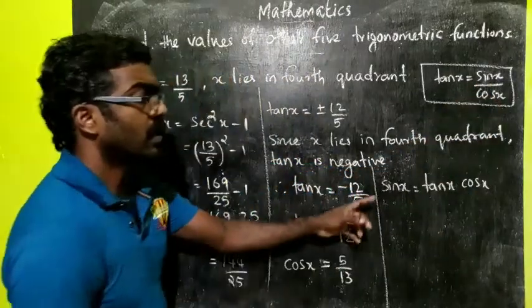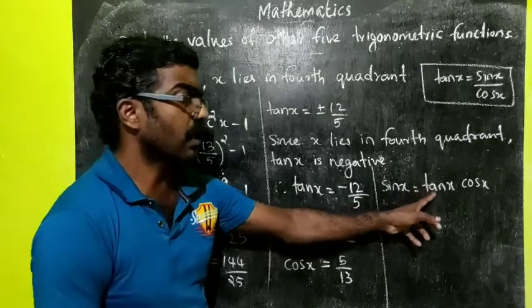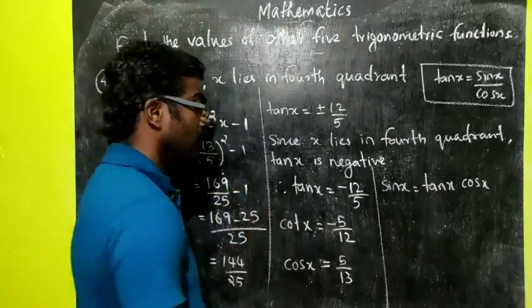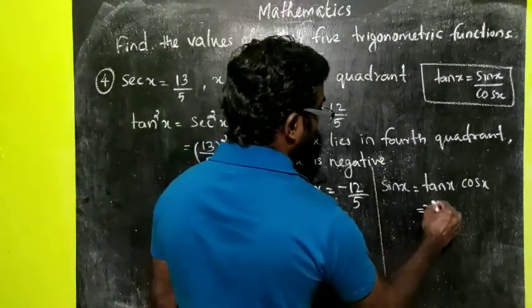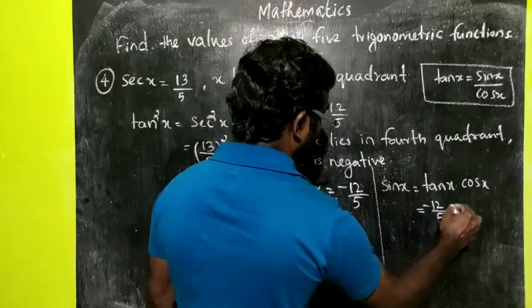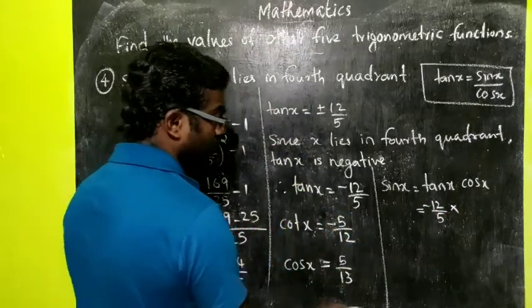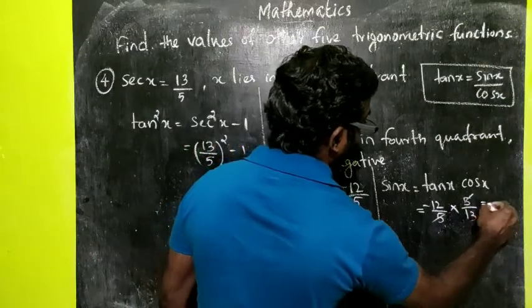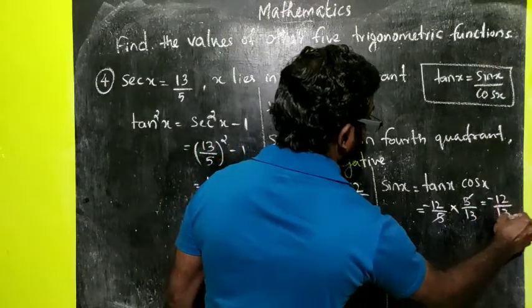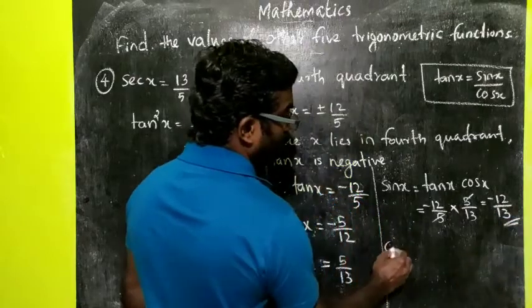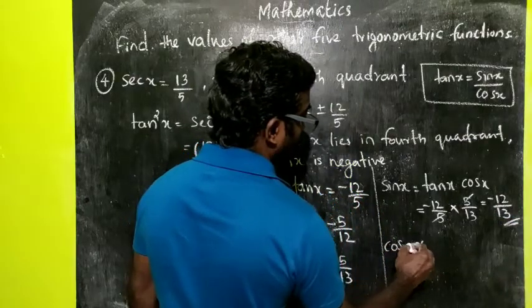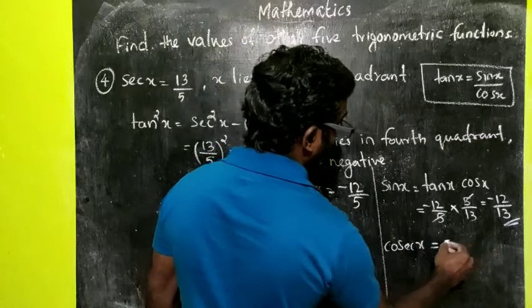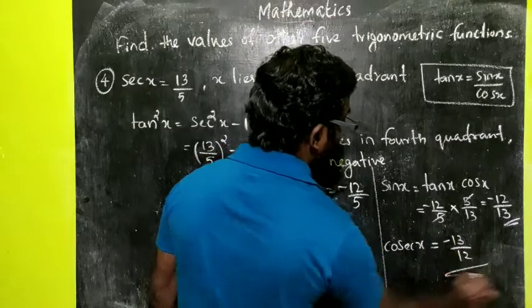So sin x can be rewritten as tan x into cos x. Now we can replace the values, which is equal to minus 12 by 5 into cos x. The value of cos x is 5 by 13. 5 and 5 cancel, minus 12 by 13. Then cosec x, cosec is the reciprocal of sine, so minus 13 by 12.